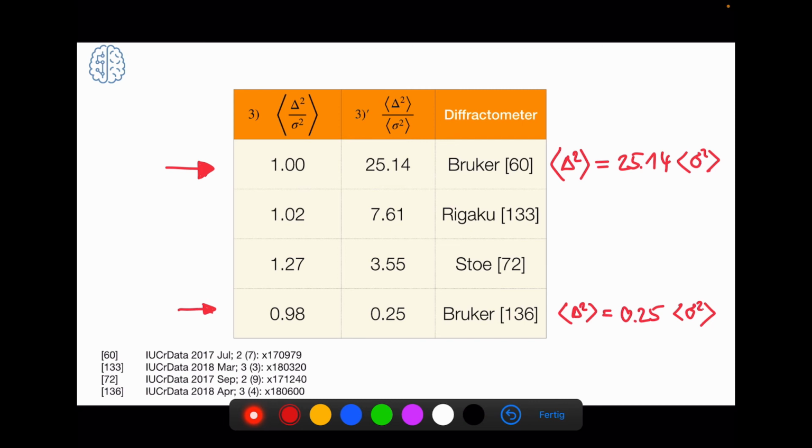If you want to look those numbers up yourself or calculate them for yourself, the references for these data sets are given in the bottom left corner. So you may calculate the mean squared unweighted residual over the mean standard deviation of the observed intensities for these sets and compare those numbers to the mean squared weighted residual.